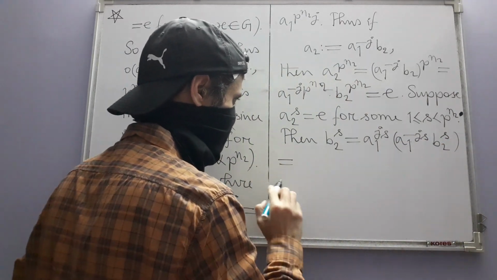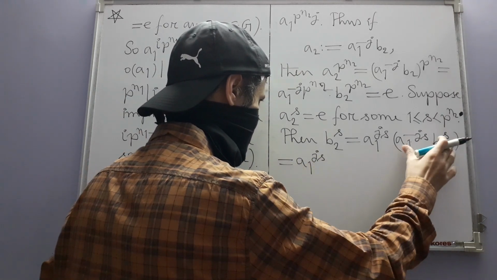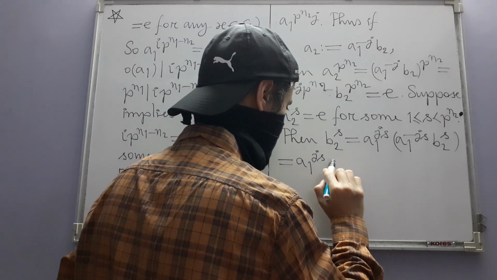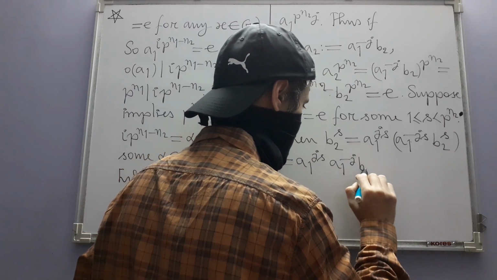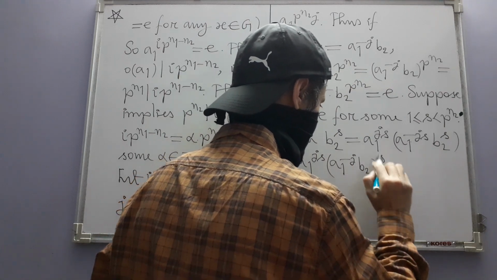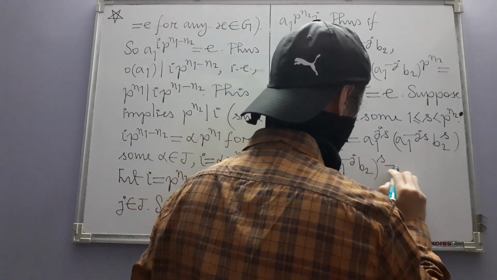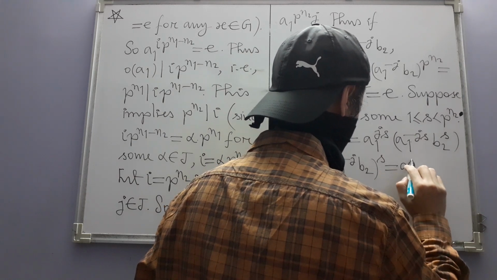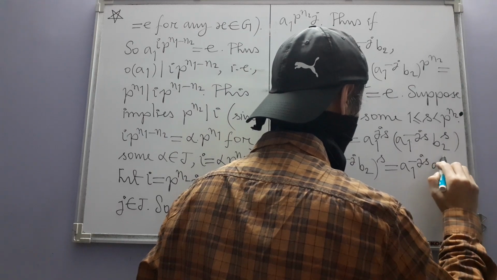Again, because we are in an abelian group, this becomes a1 to the power minus j times b2 whole to the power s, and this is a2 to the power s.